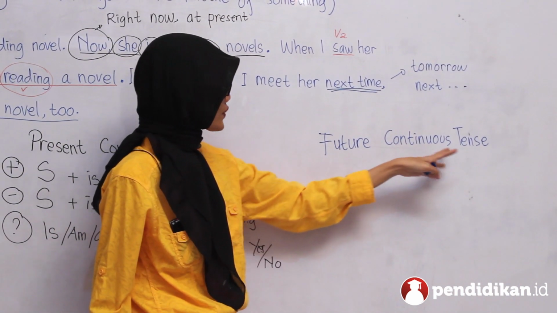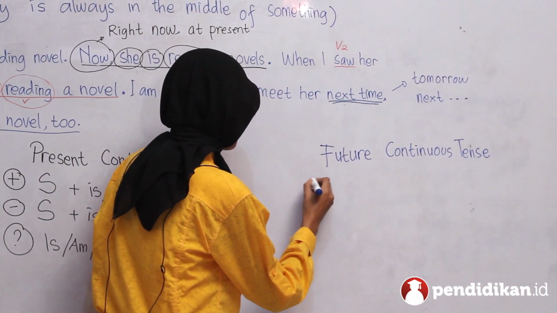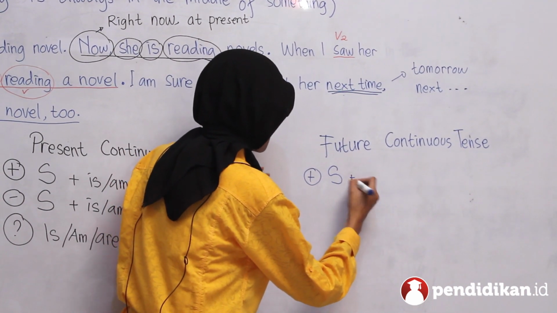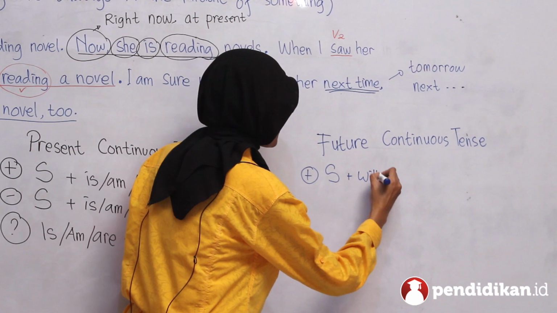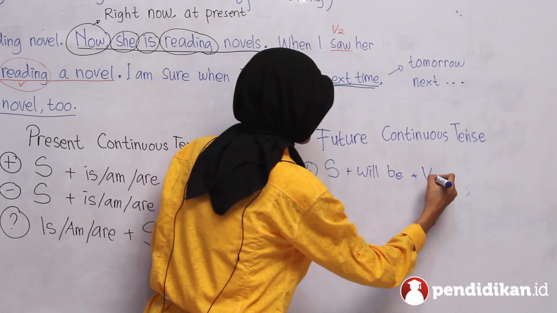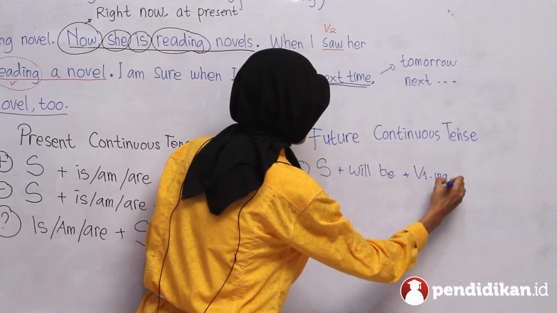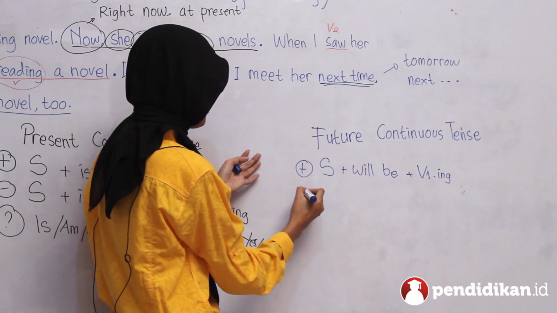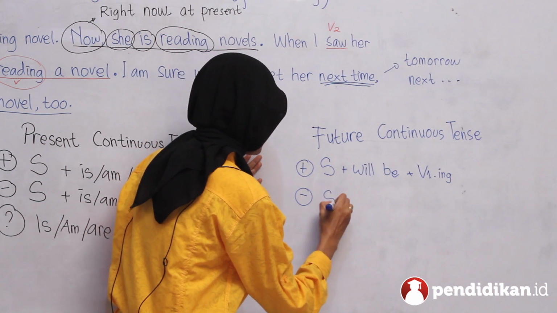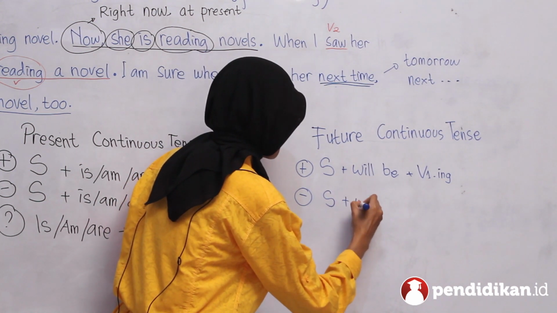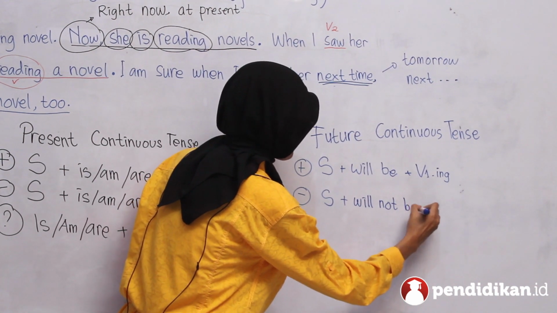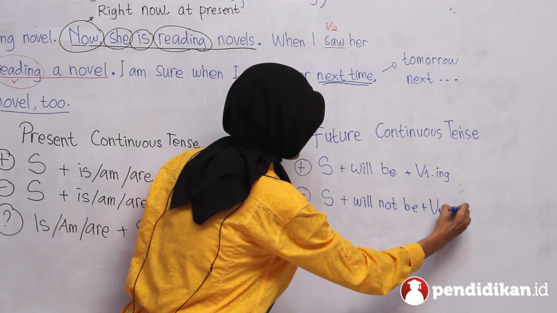For the future continuous tense, to create positive sentence, we have subject plus will be plus verb 1 ing or present participle. For negative sentence, subject plus will not be plus verb 1 ing.